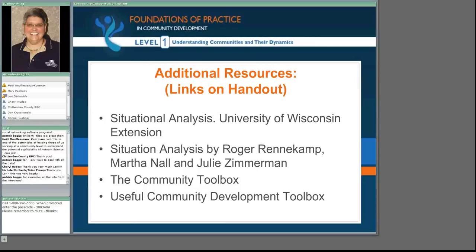Patrick asked, any ways to deal with all the data? It's possible to deal with all the data.